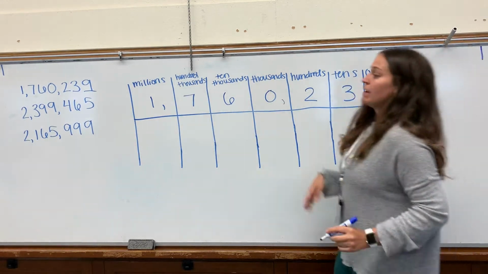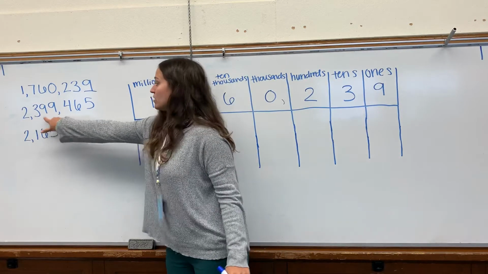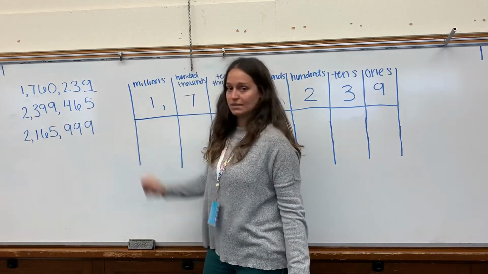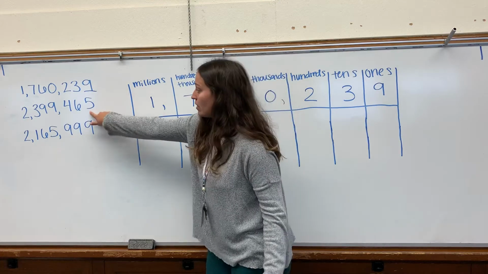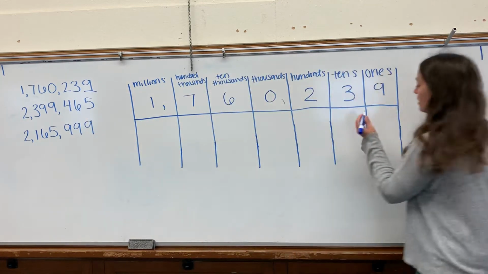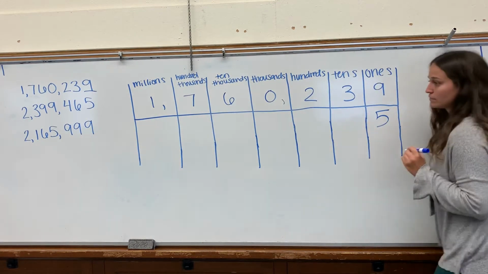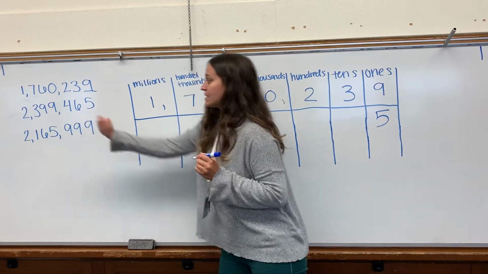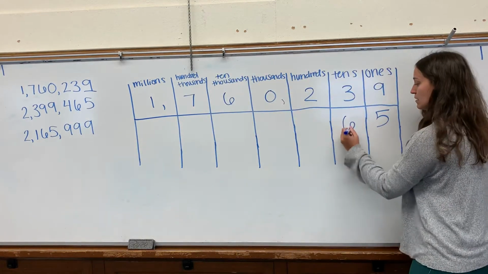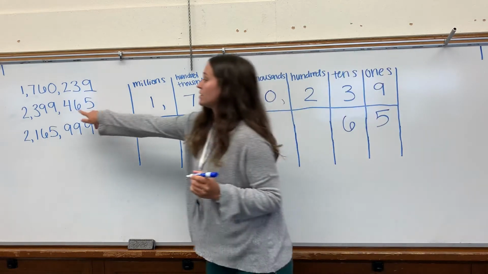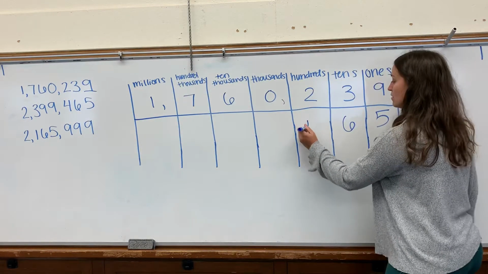So my next number is 2,399,465. I'm going to start with the 5 in the ones place. I'm going to put my 5 here. The next number is a 6 in my tens place. Next number is a 4 in my hundreds place.